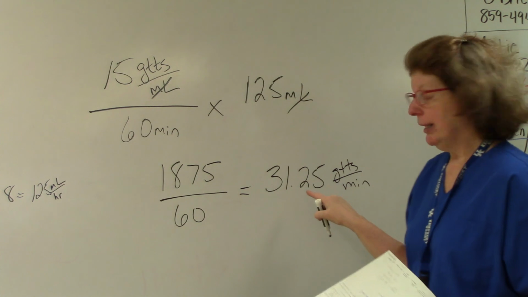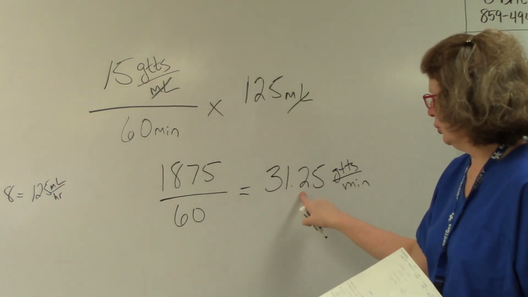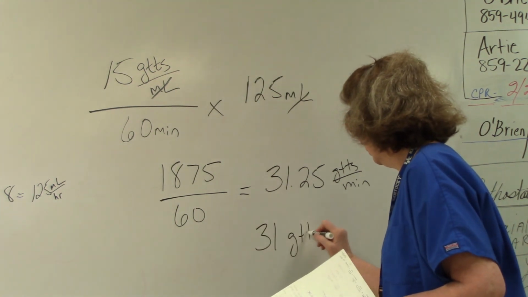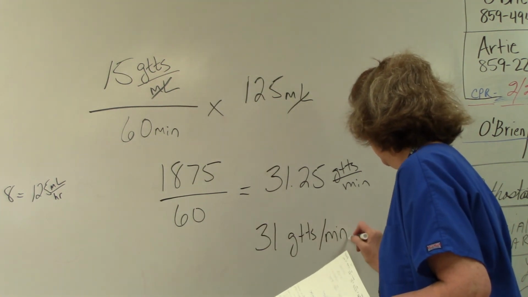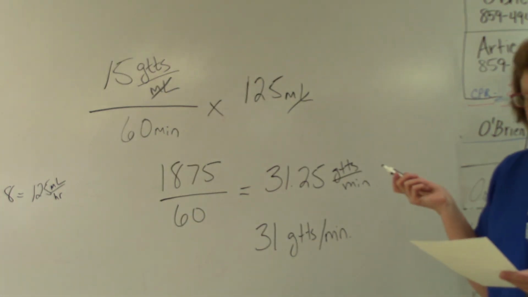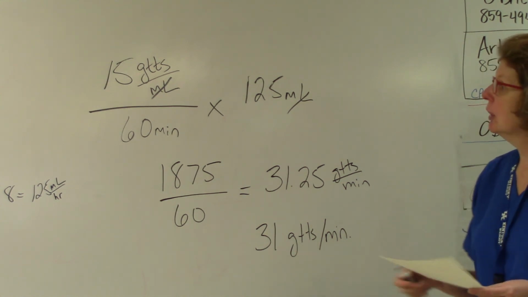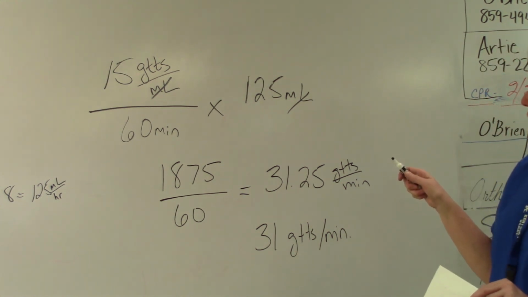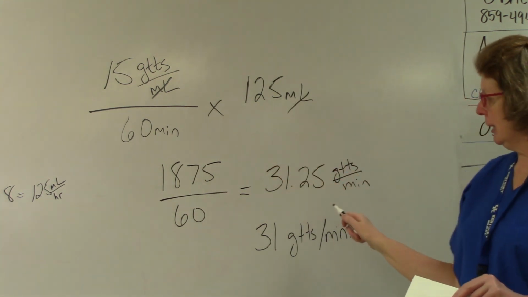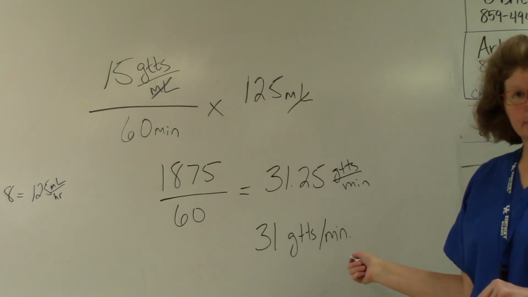We said we can't calculate or count fractionals of drops, so I keep this at 31 drops per minute as my answer. So to infuse 1,000 milliliters of lactated ringer over 8 hours, I reduced my infusion to be 125 milliliters per hour, multiplied it out, rounded, and got 31 drops per minute.